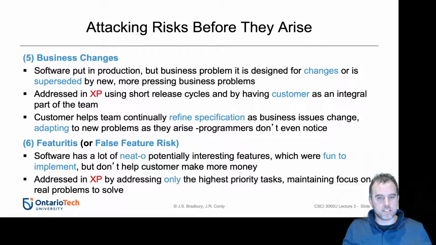And this is addressed in XP by prioritizing tasks. And this is something you'll see in a lot of Agile. The whole set of requirements you have or the features you have, you prioritize them, and you always pick the highest priority features first. So any features that are considered, oh, this would be a cool thing, typically are going to be low, unless they really go towards what the requirements are.